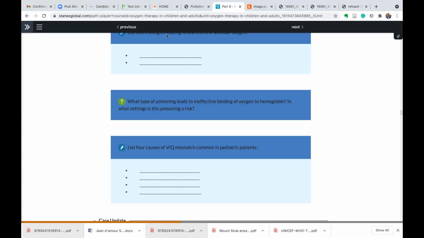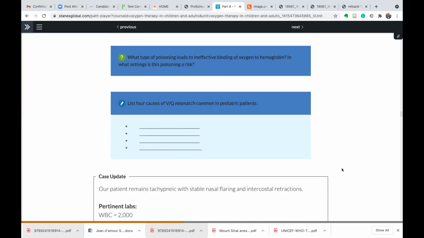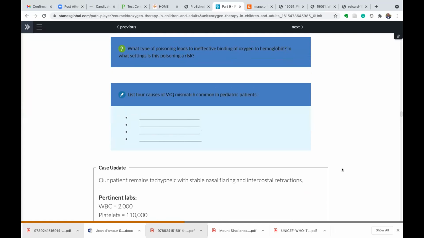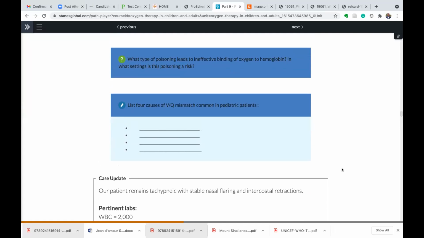Yeah, asthma is one of them. Very good. COPD, that's good.